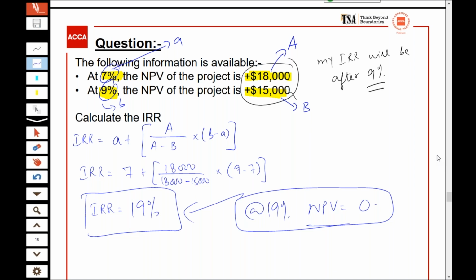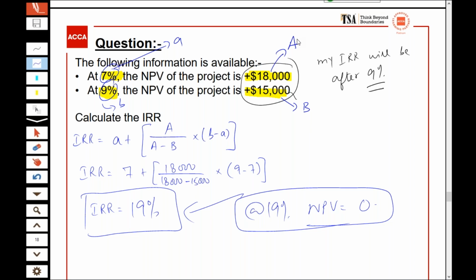Azhar, I have told you take the higher and the lower figure. Yes, Usman, it is necessary because imagine that you have to go somewhere and there is a shortcut street towards your destination. Why we are taking the long route? So that is why we have taken those two figures which are near to 0.